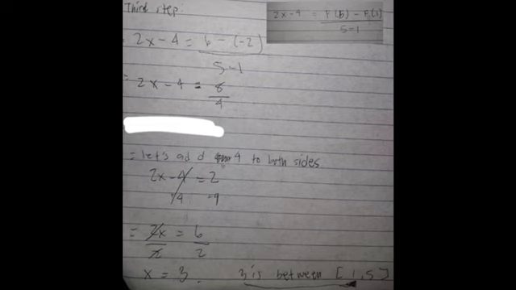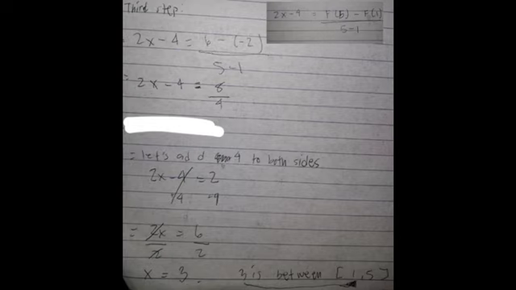At pag sinolve natin yung 6 minus negative 2, meron tayong 8. Tapos 5 minus 1 is 4. Next, para ma-cancel natin yung 4, mag-add tayo both sides ng 4.